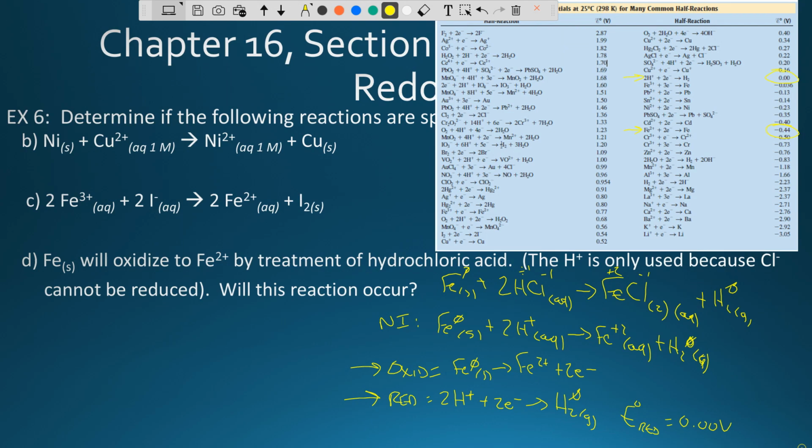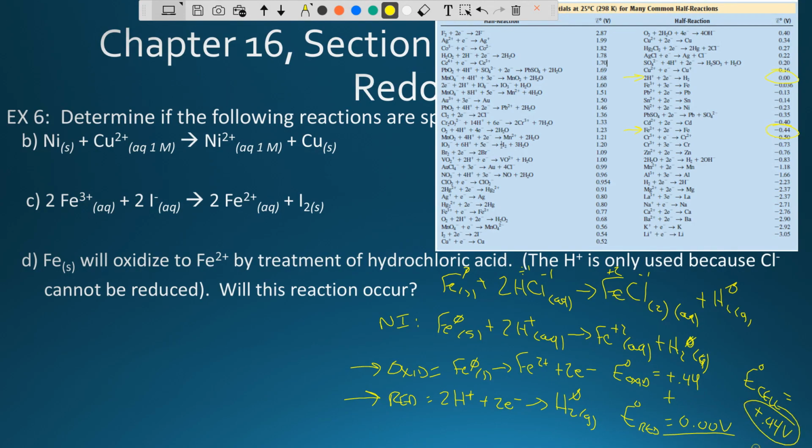It's a negative. Okay, but remember, this is a reducing table and it's oxidized. So I make that a positive 0.44. I add those up. I get my cell itself is going to be a plus 0.44 volts.